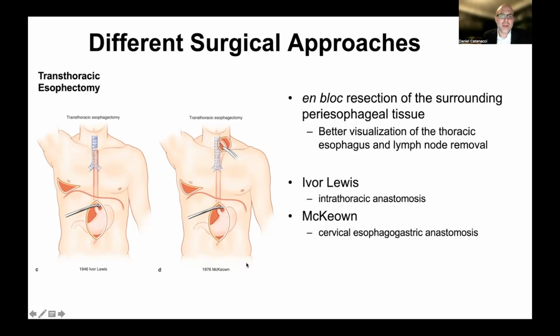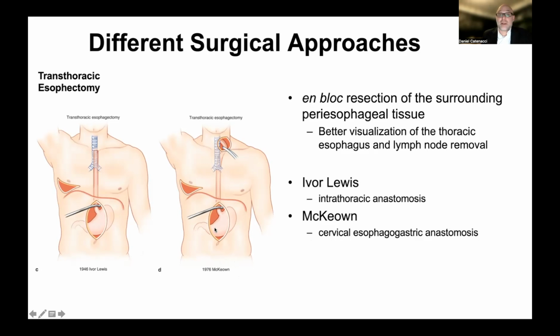Finally, just to round it out, there was another procedure described by Dr. McCown, who did 3 incisions, basically sort of a merging of the Ivor-Lewis and the transhiatal approach. And again, the advantage here would be that you can do the anastomosis up in the neck and spare from the negative consequences of an intrathoracic anastomotic leak.